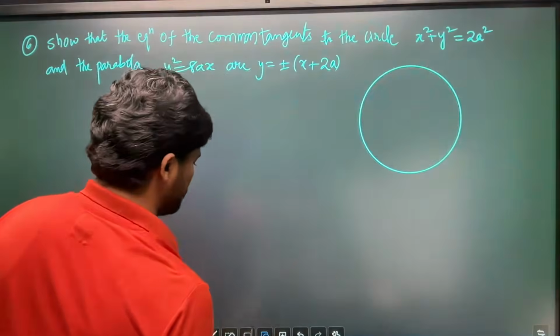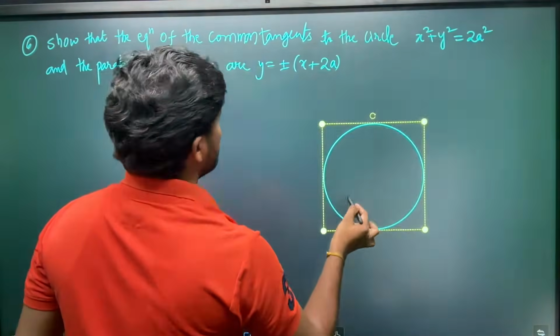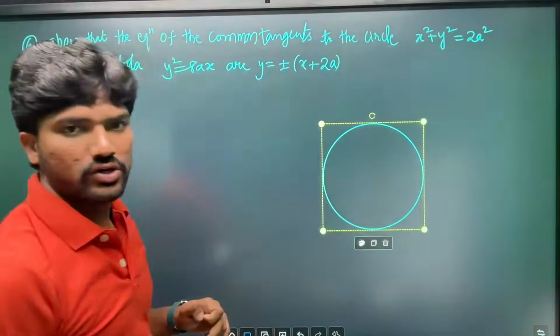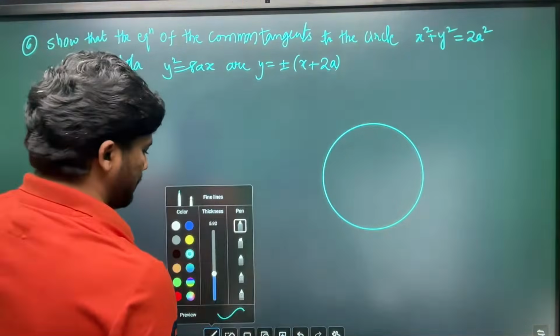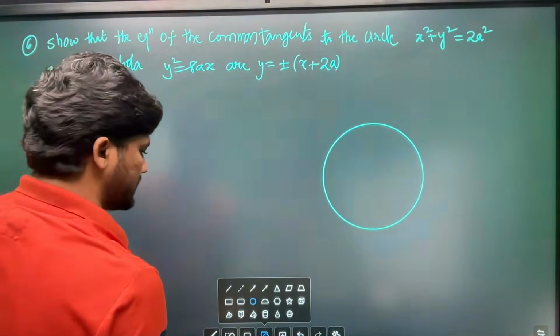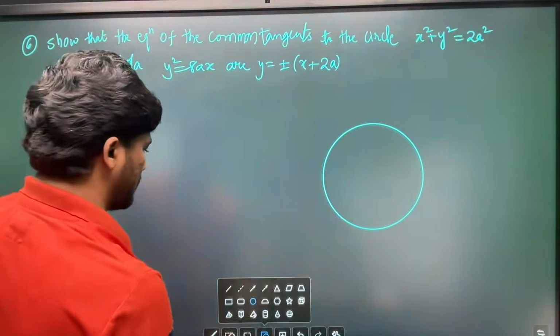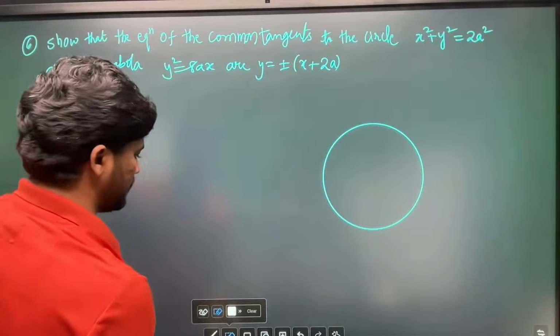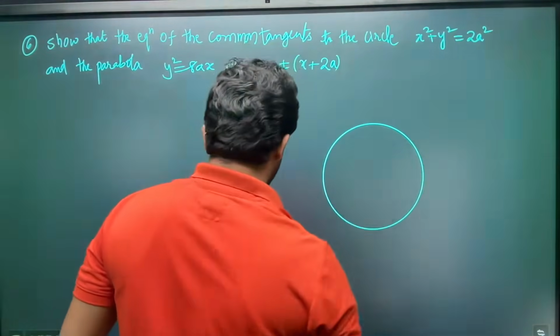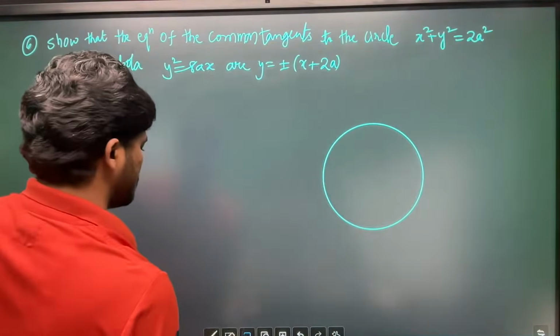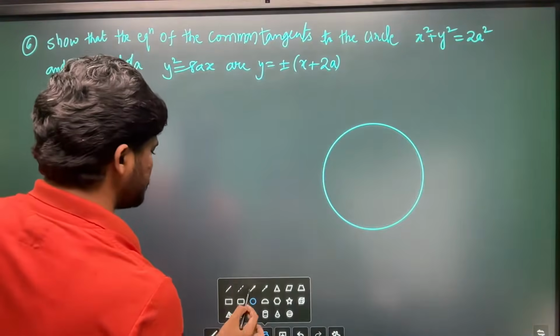So here you have this one. See, x square plus y square is equal to 2a square. This is the problem. Next they say one parabola is there. So parabola, since we have no other option, I will draw the curve here. Like this you have to draw. Before drawing that, take a straight line.